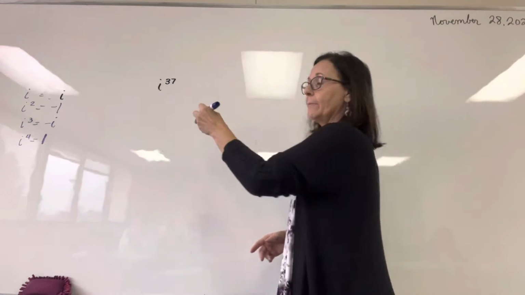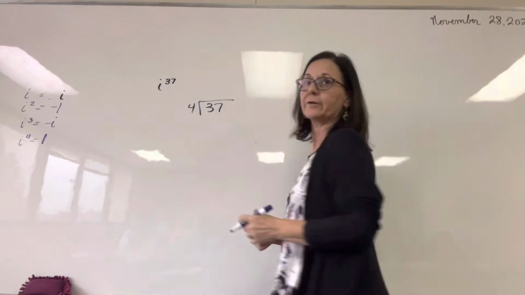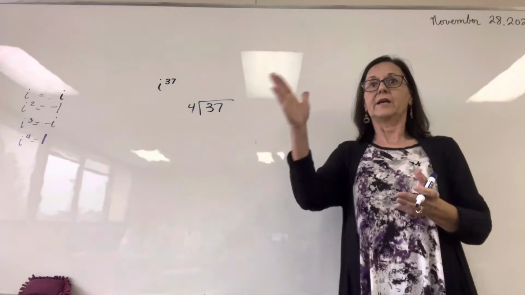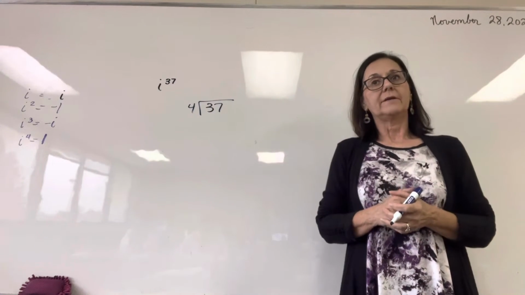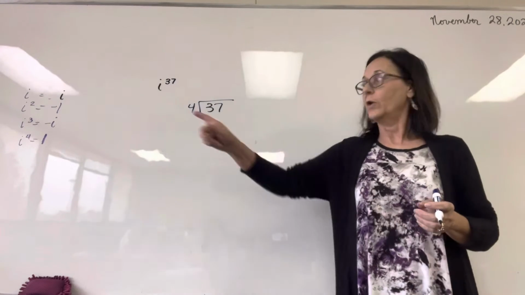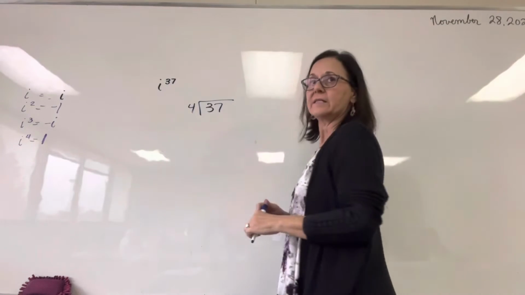I'm going to take 37 and divide it by how many are in the pattern, because every 4 times it goes through the entire pattern. And then I'm going to look at the remainder. The remainder is going to tell me which one it is.